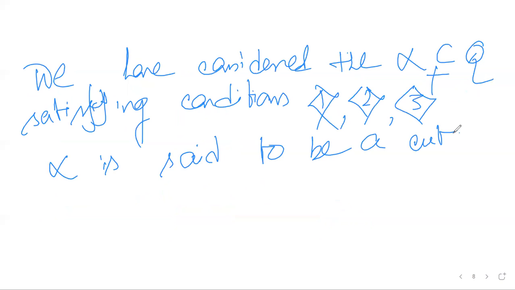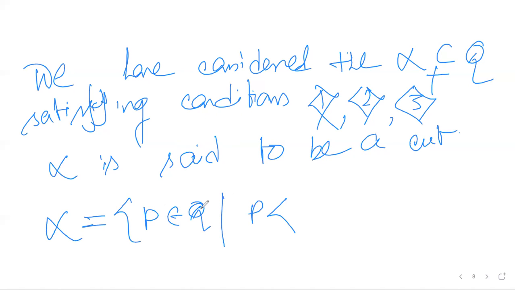Now consider, when we define something, we have to have some examples. So first see, is there any cut that exists? Consider the cut alpha like that: P belongs to Q and P less than, sorry, I should use some other letter for the elements.